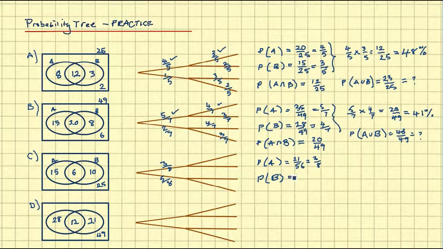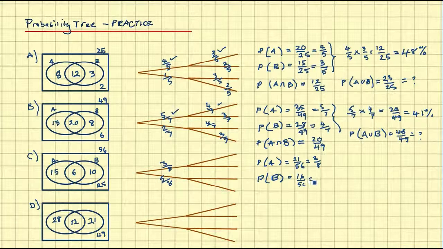Probability of B then. So 6 add 10 is 16. And we haven't totaled it yet, have we? It's 56. 21, 31, 56. So put a total here.